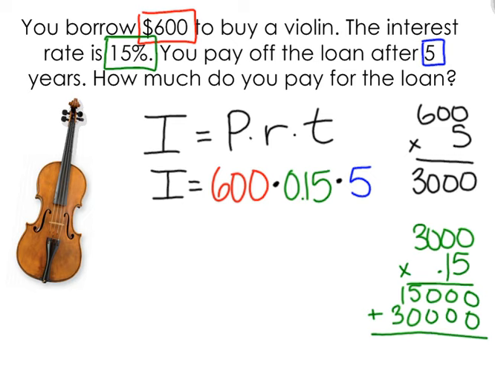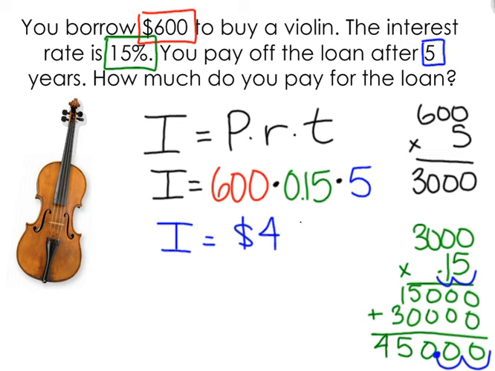And when you work out each of those rows, you're going to end up with this value. My decimal is moved over 2 digits in 15%, so I'm going to move it over 2 digits to 450. So interest equals $450.